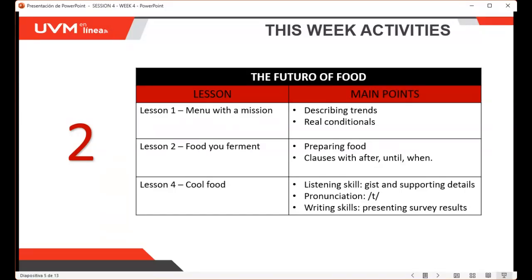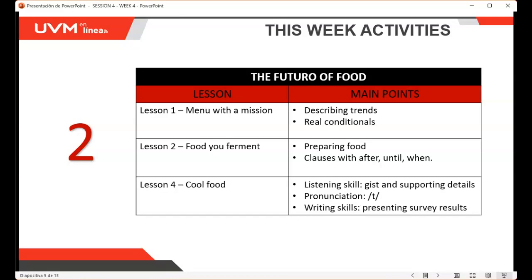Well, in this unit, I think that everything is important, because describing trends and preparing food have some vocabulary that I think can be unknown for some of you, especially for trends. But also grammar was very important, because you worked on real conditionals.